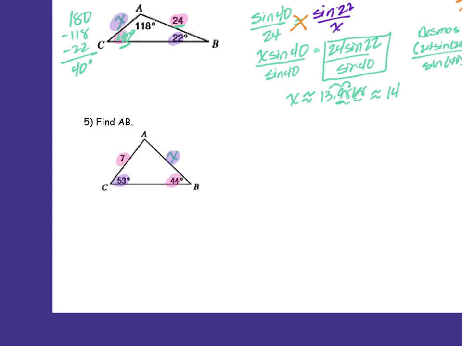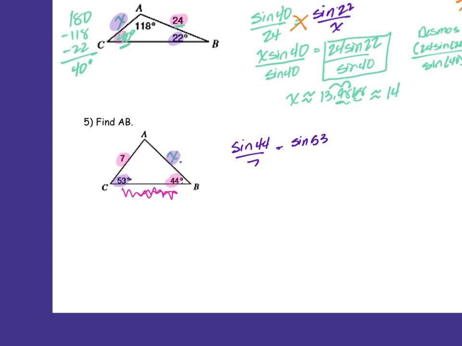So you should be able to. So I have all the information I need, and I'm going to say sine of 44 over 7, right? Sine of this angle over this side equals this angle over this side.